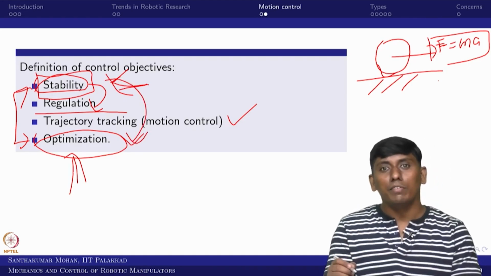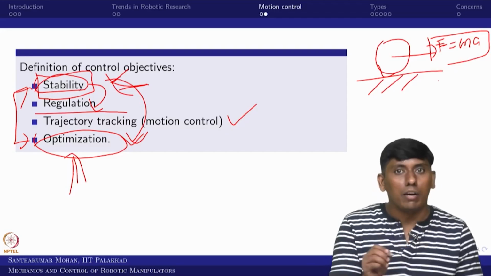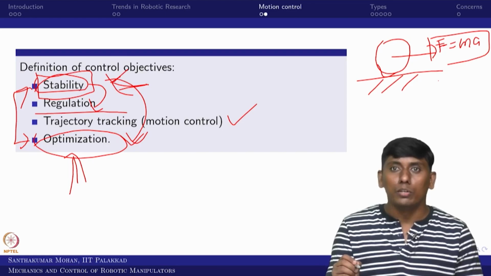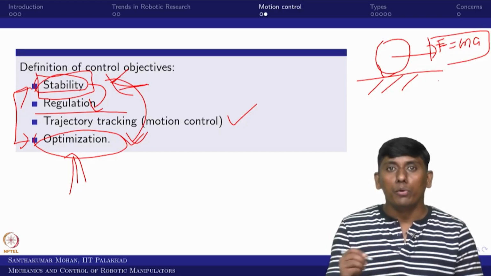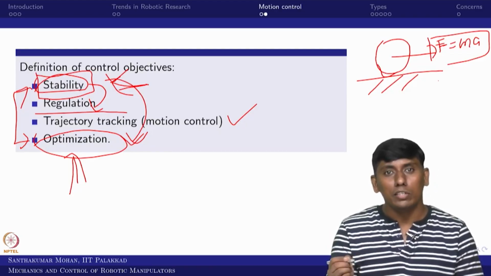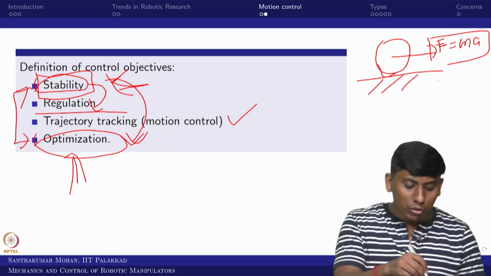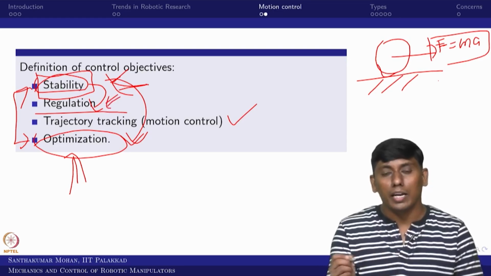So we have seen what motion control is, what trends have come in robotic manipulator control, and the basic ideas for control design. There are 4 control objectives. Of these, one is very important, which is stability, and once you attain it, then based on the given task, either a regulatory task or a tracking task.